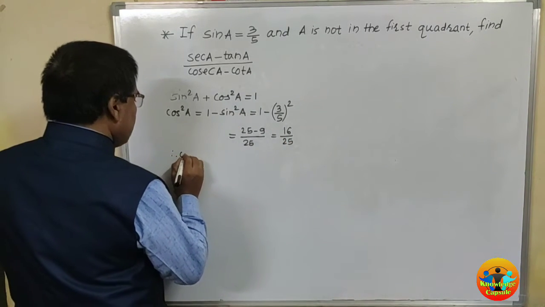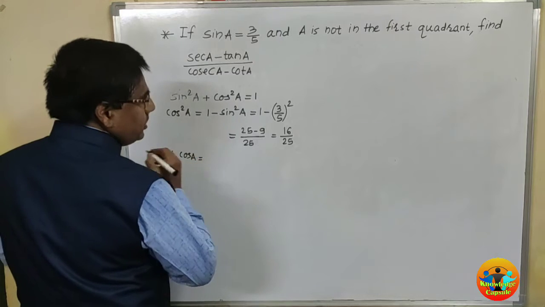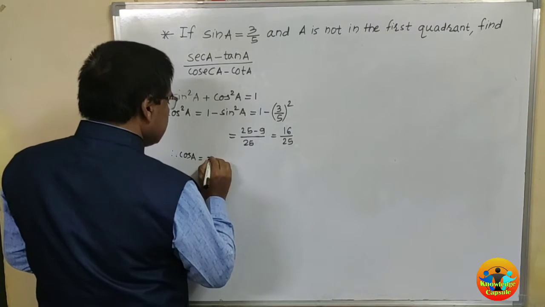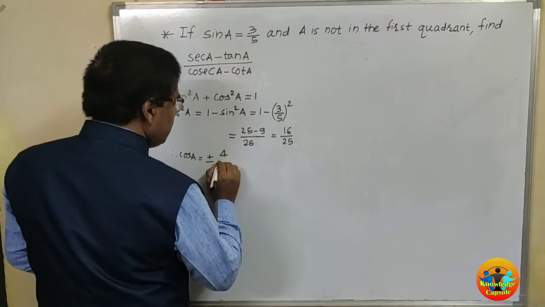Therefore cos A is equal to plus or minus 4 upon 5.